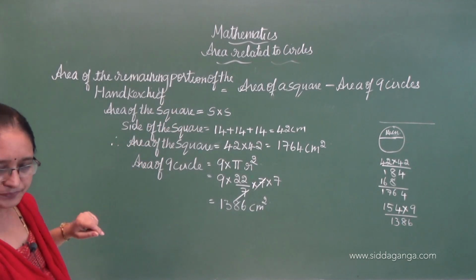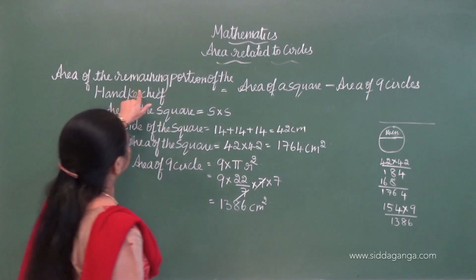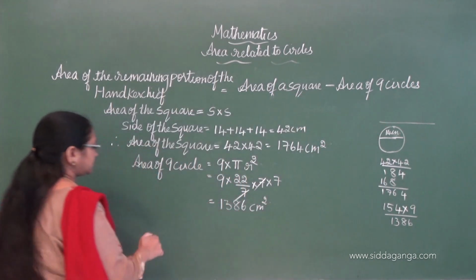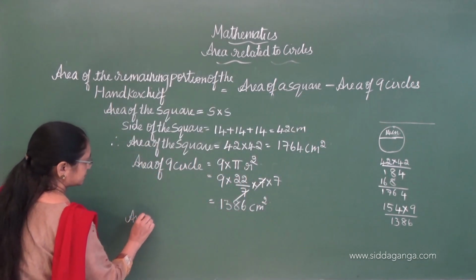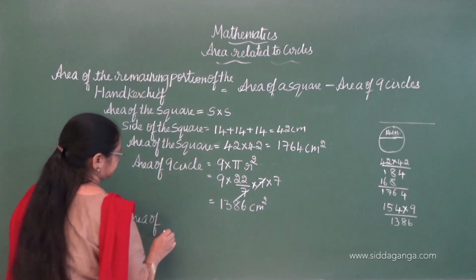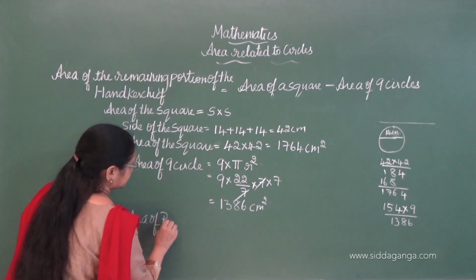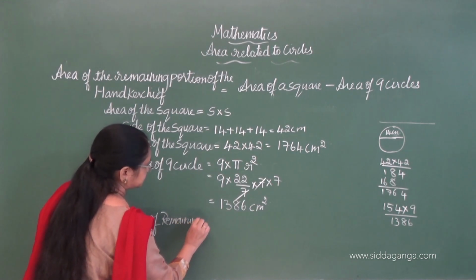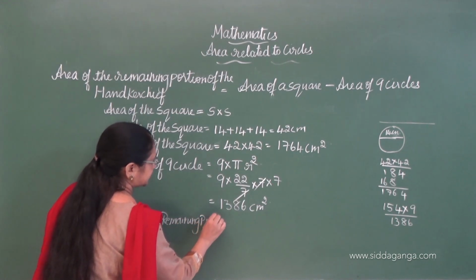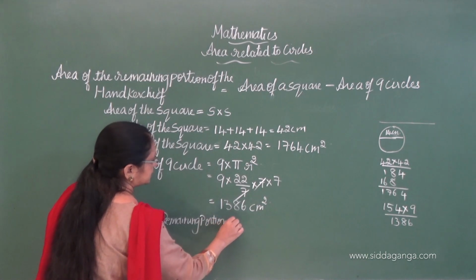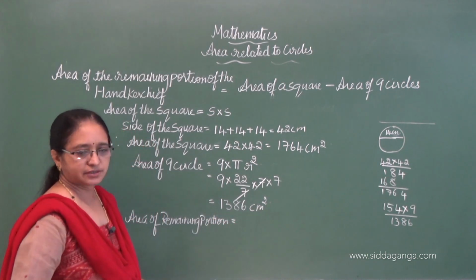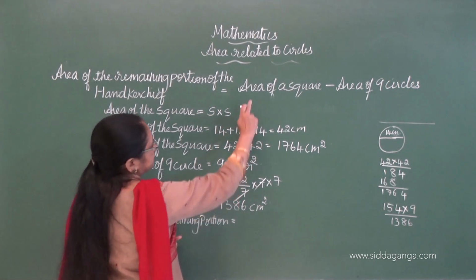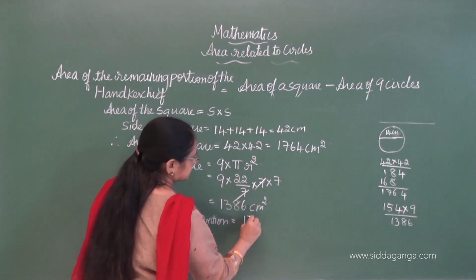Area of the remaining portion is equal to area of the square minus area of 9 circles. Therefore I will write here only area of remaining portion. Since it is not shaded, you need not write area of shaded region, because they have given area of the remaining portion. So remaining portion, area of the square is how much?